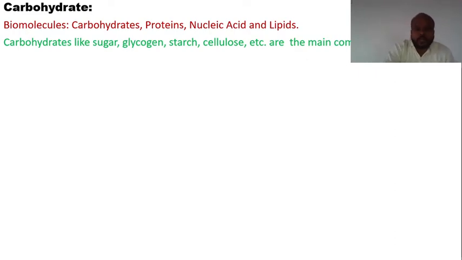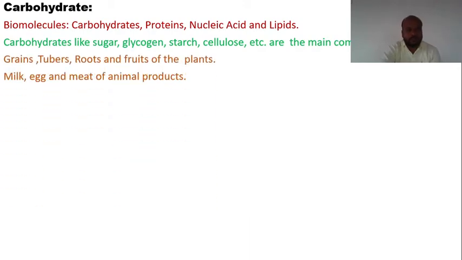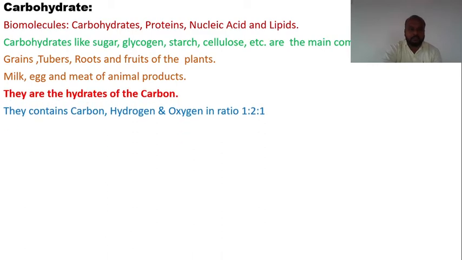That means in daily life we use carbohydrates as food. These carbohydrates are present in grain, tubers, roots and fruits in plants, as well as in animals in the form of milk, egg and meat.